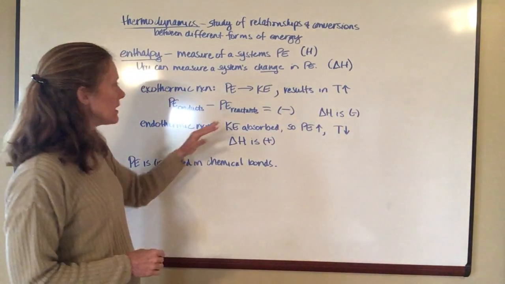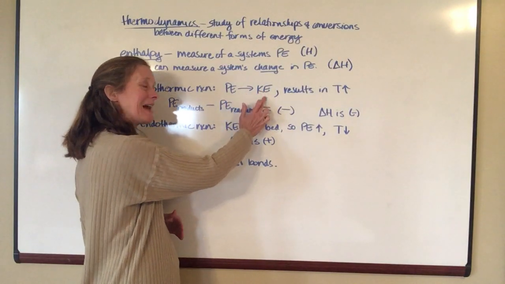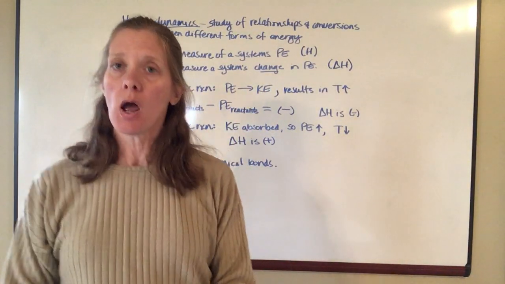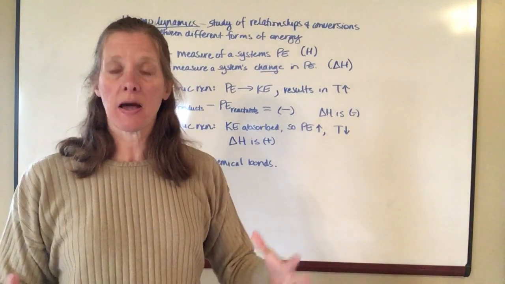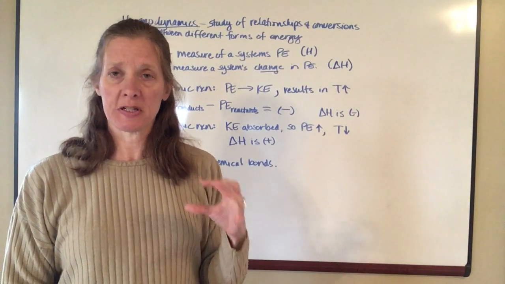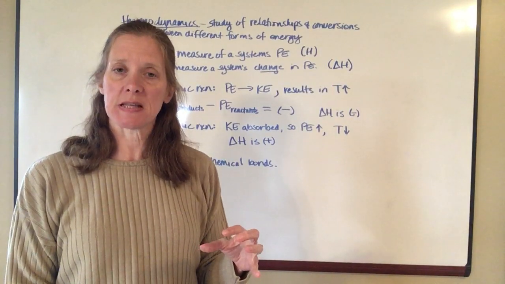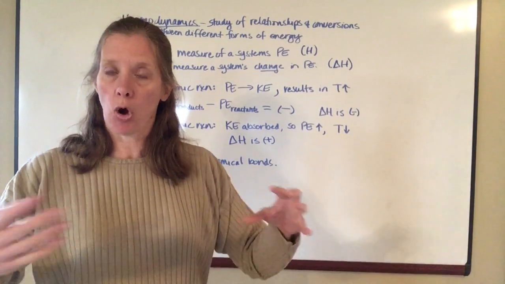So if my potential energy gets converted to kinetic energy, think about a combustion reaction where you take a piece of wood and you burn it and it gives off a lot of heat. That wood contained a lot of potential energy, and when it burns, the molecules in the surroundings start moving a whole lot faster.